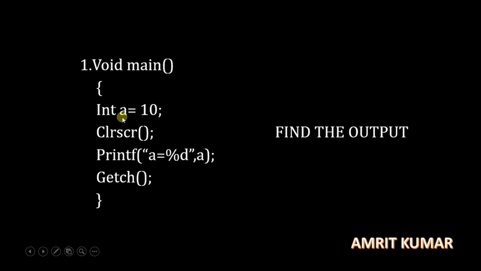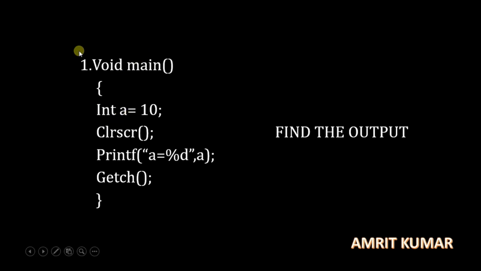Now I am using a variable: int a equal to 10. Here a is a variable name storing the value 10 in it. I am using the data type integer, so a should contain integer values. This is how we solve any question.